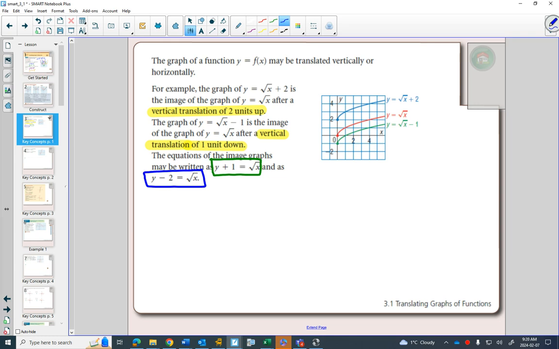So if, for me personally, if I had this blue equation, I would always change it to get the y by itself. Because that's how I feel comfortable seeing, hey, that moves it up 2. I mean, if you move it to the other side, now it's a -2. It could confuse you and make you think you should move 2 down.